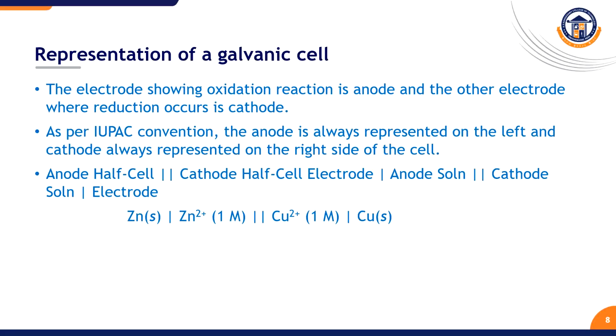How to represent this galvanic cell? The electrode showing the oxidation reaction is the anode and the other is the cathode. According to the IUPAC convention, the anode is always on the left hand side and the cathode is on the right hand side.